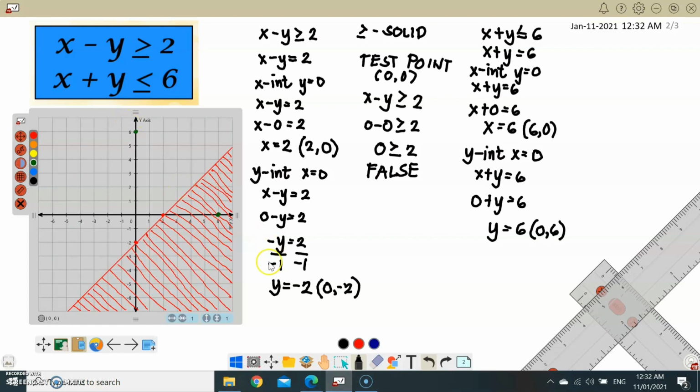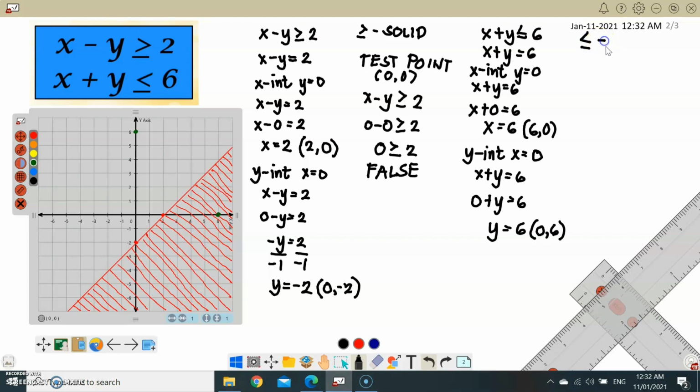We're going to connect the points using a line, and that would be our boundary line. But again, take note, you need to identify first what is the inequality symbol used on the given inequality. So the symbol is less than or equal to.